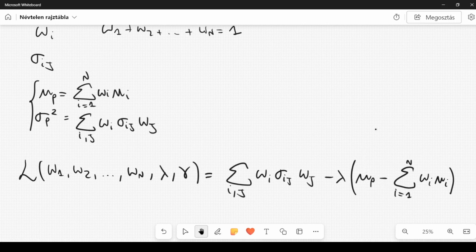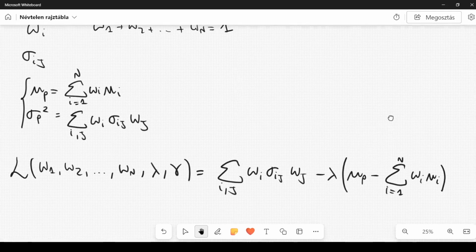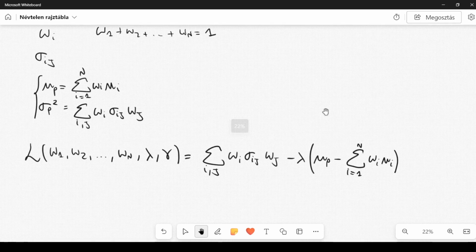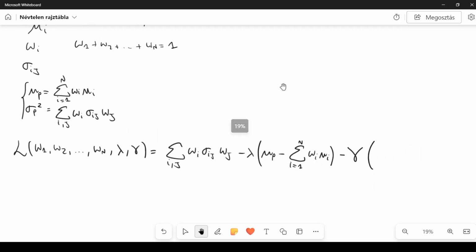We want to fix the expected return, and the variables are these omega_1, omega_2, omega_3, ..., omega_n, and if you want, we can consider these two Lagrange multipliers as variables. And then we have minus the other Lagrange multiplier, which is gamma, and then the last constraint, which we can write as summation over i from 1 to n of omega_i minus 1.